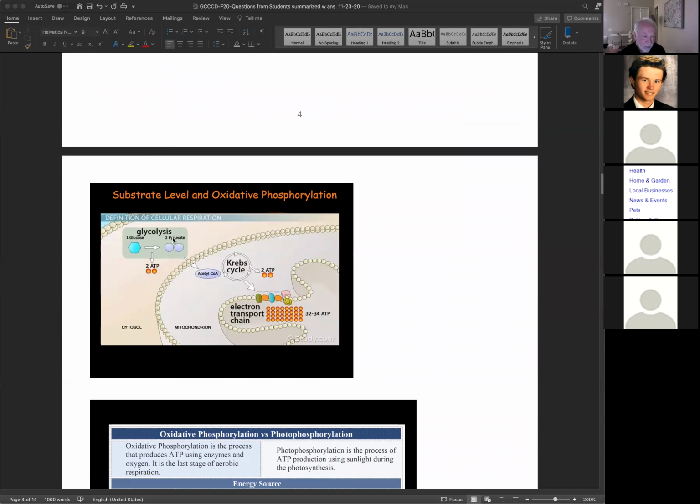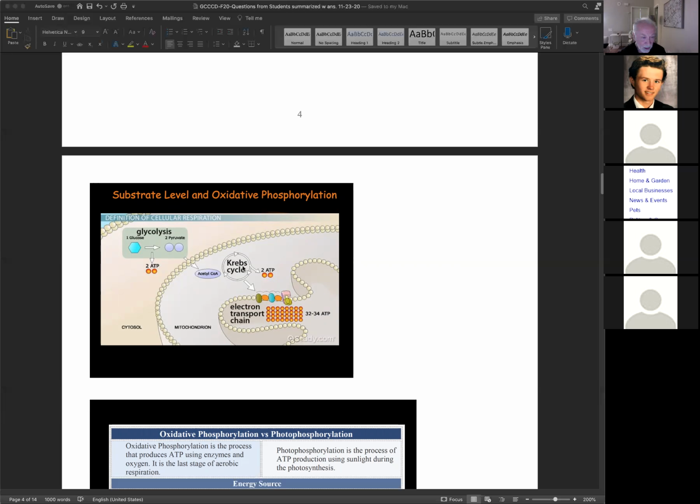This picture just summarizes or illustrates an overview of the process. We have glycolysis. One molecule of glucose makes 2 molecules of pyruvate in the cytoplasm. Pyruvate crosses the mitochondrial membrane. It's converted to acetyl-CoA, which is the first step in the Krebs cycle.